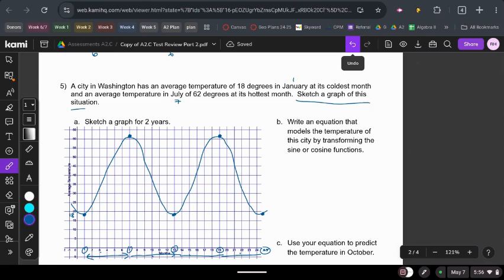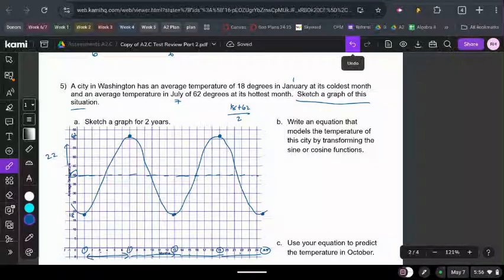And then I can calculate the midline by taking the average. So 18, this was 62. So 18 plus 62 over 2 is 80. Yep, 80. So that means my midline, oh, look at that, it's at 40. And then going from 40 to 62 is a difference of 22.